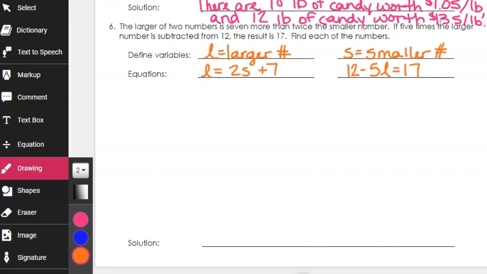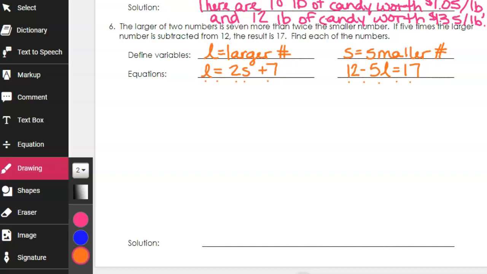Your first equation comes from the first sentence. The larger of the 2 numbers is 7 more than twice the smaller number. The second equation comes from the second sentence. If 5 times the larger number is subtracted from 12, then the result is 17.